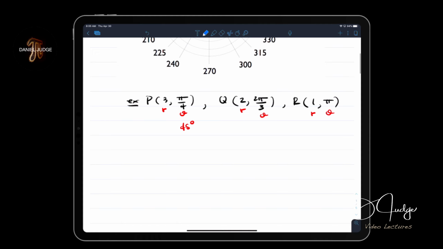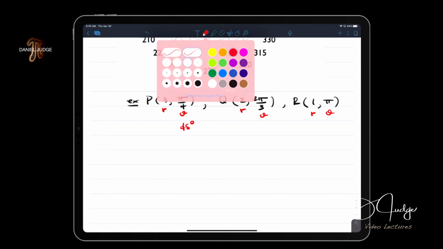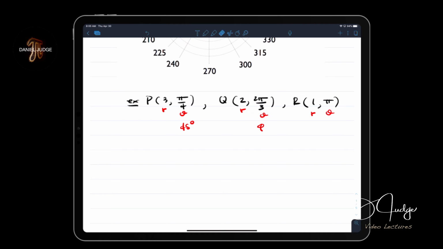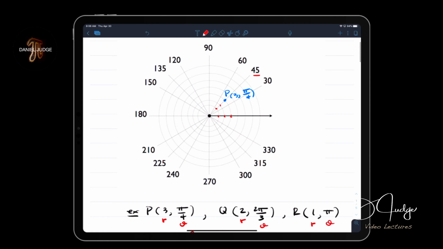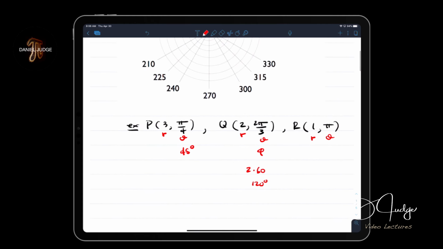And then similarly, you might say, well, what's the next one? Well, that's 2 pi over 3, but we got to know what this angle is, right? So if you guys remember, pi over 3, let's see, 2 times 180 divided by 3, isn't that 60? So this is 120 degrees. So if I go back now, and let's redo this, I'm going to get rid of all my marks. In this example, we go 1, 2. That's my radius value.